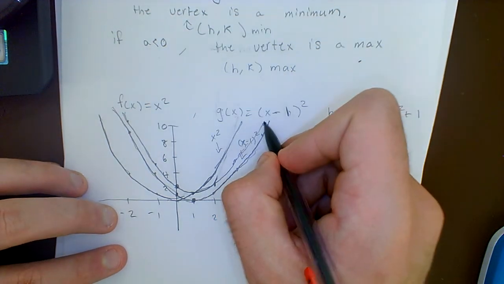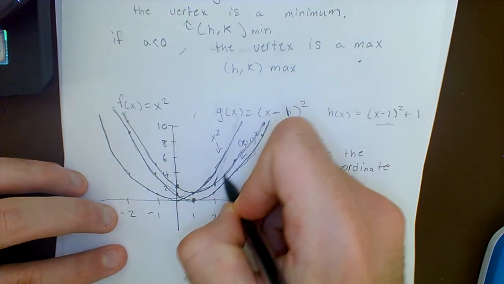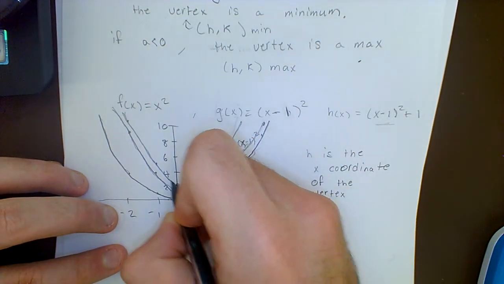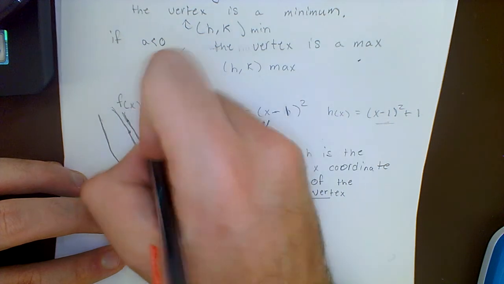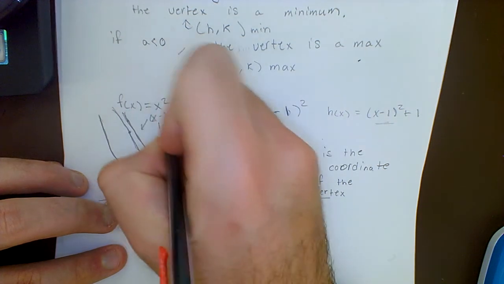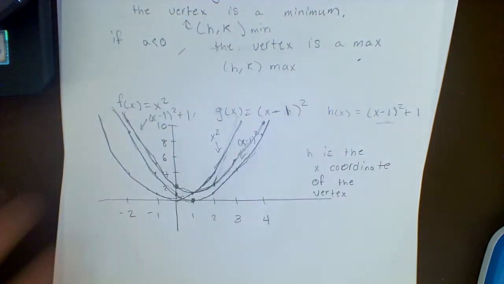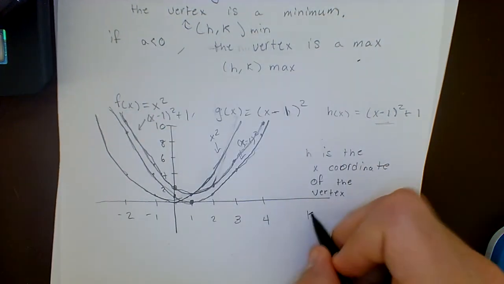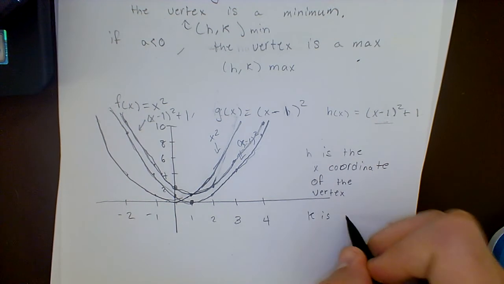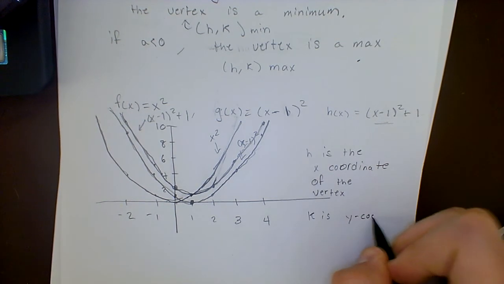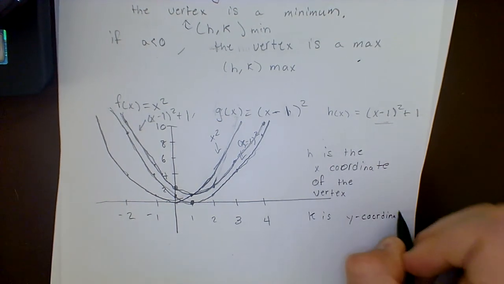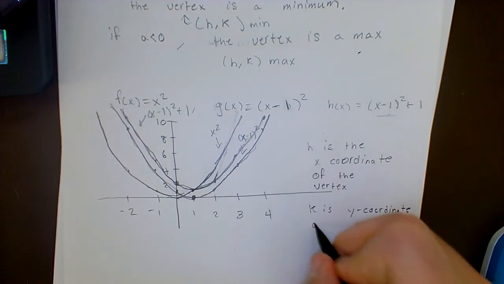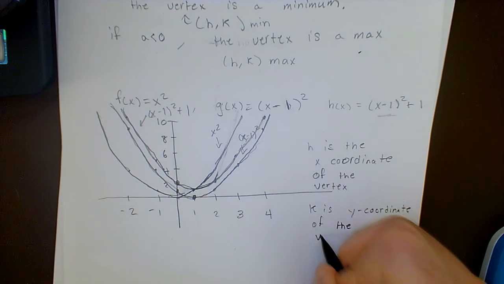And x minus 1 squared plus 1 shifts it to the right 1 and up 1. Okay, so that's why we see that k is the y-coordinate of the vertex.